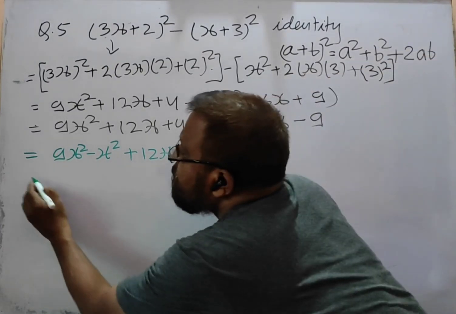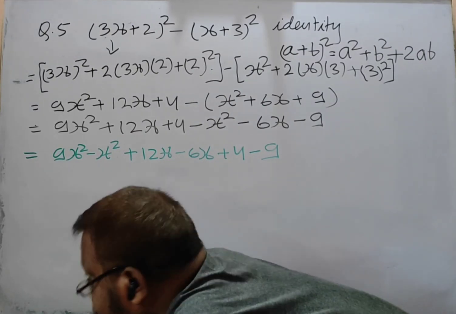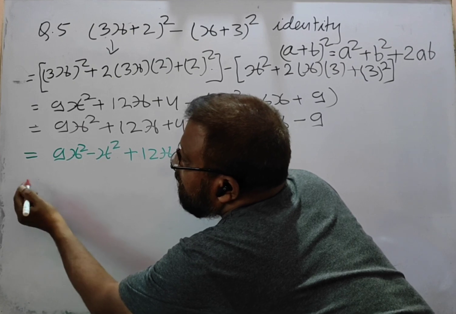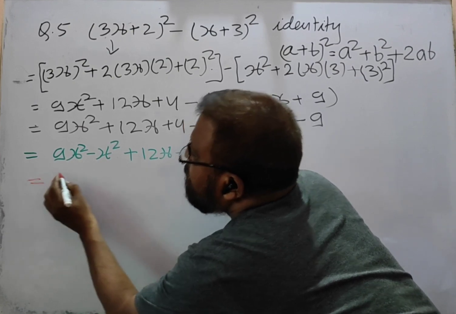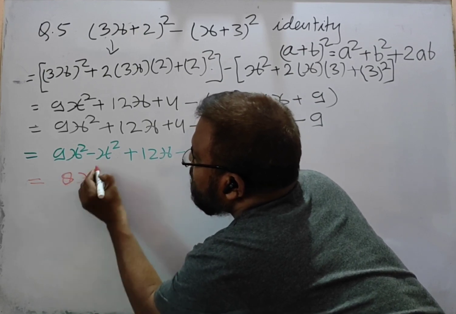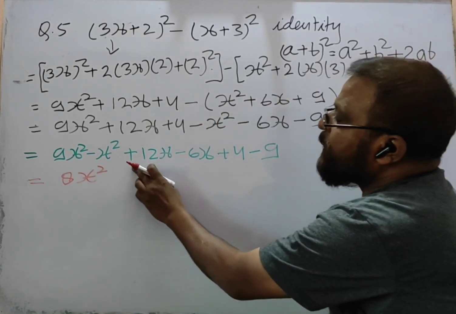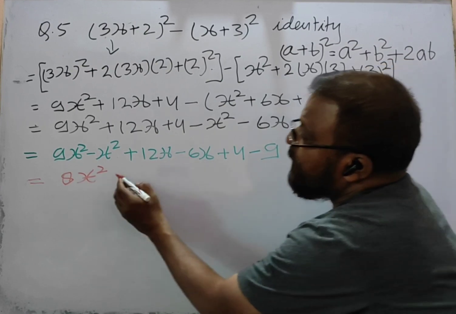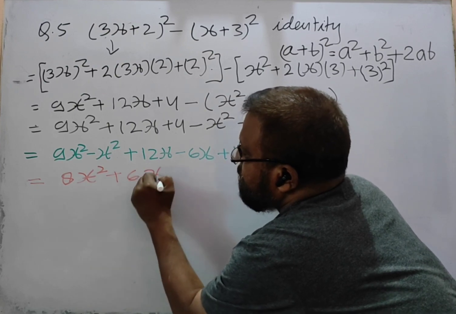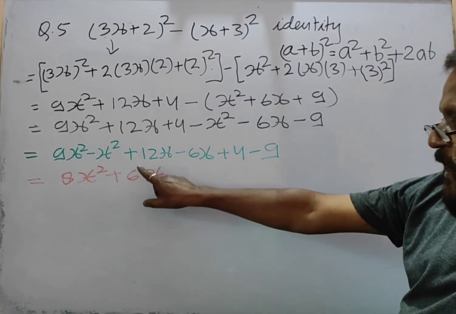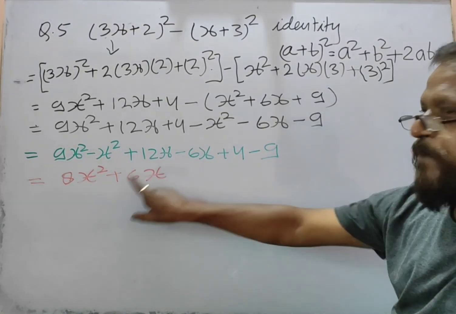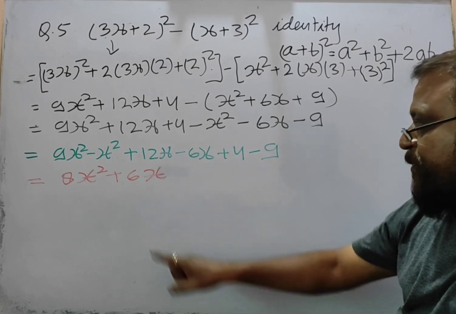So what happens? Now we get 9x square minus x square becomes 8x square, and here plus 12x minus 6x becomes plus 6x, because 12 is having greater numerical value and having positive sign, so we take sign of plus, but plus minus minus, so operation will be of minus.